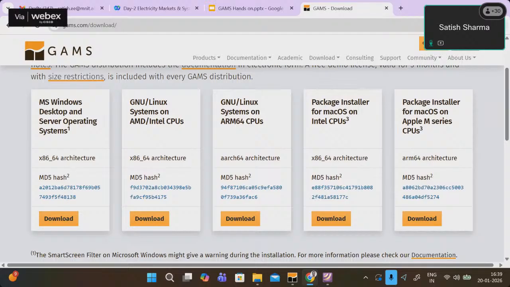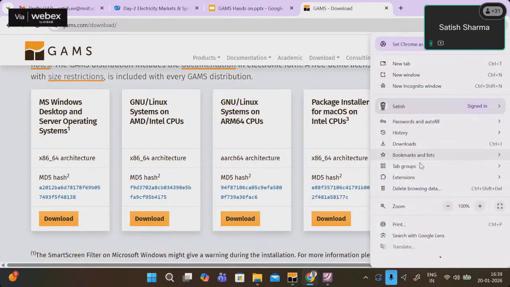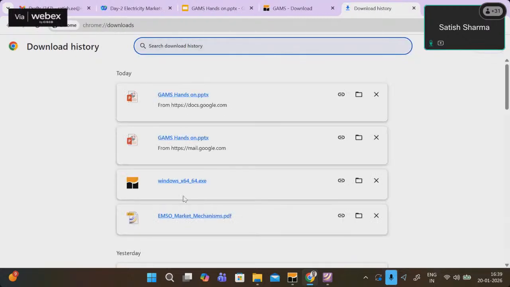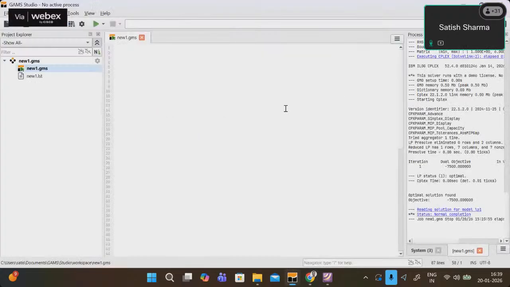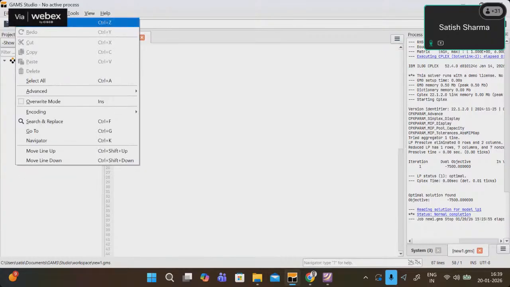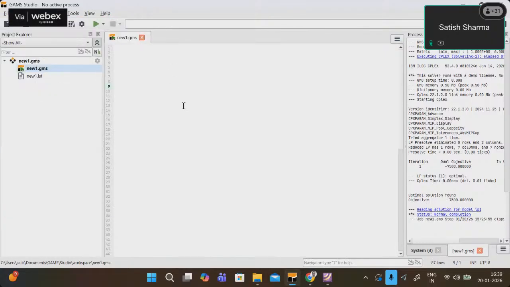I have downloaded it, and by simply clicking, an .exe file will be downloaded. Just simply open it and click next, next, next. You will be able to install it, and this is how it will open GAMS Studio where we are going to work. So this is GAMS Studio, and here you can go to File and open a new file, which I have already opened here. So this is our new file.